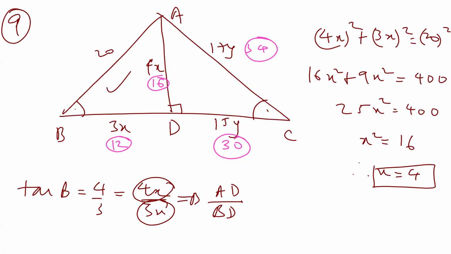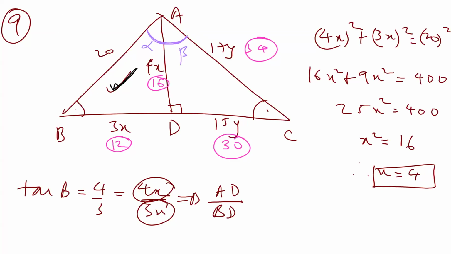Now see, the value of sine A. Now A is the entire angle, so we'll break down A into alpha and beta. A is nothing but BAC. So A is the total of two angles, alpha and beta. Alpha is equal to angle BAD, and beta is equal to angle CAD.